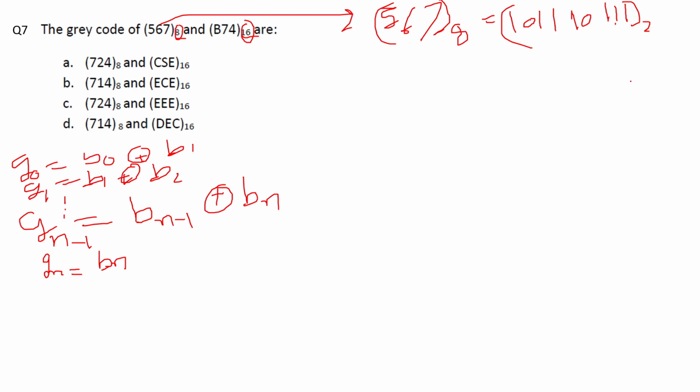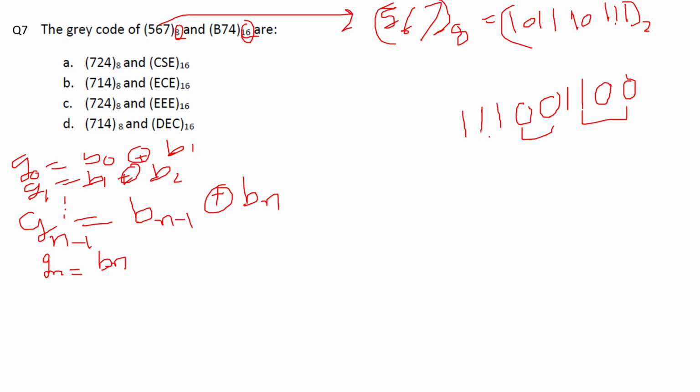1 XOR with 1 is 0. Then 1 XOR with 1 is again 0. Then 1 XOR with 0 is 1. Then 0 XOR with 1 is 1. Then 1 XOR with 1 is 0. Then 1 XOR with 1 is 0. Then 1 XOR with 0 is 1. Then 0 XOR with 1 is 1, and finally it will be 1.